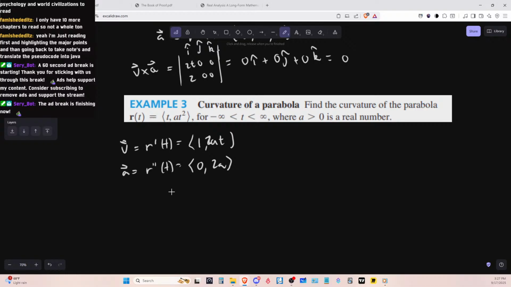Then we have to take the cross product of both of these. So then 1, 2AT. Well, then again, this is 2 vectors. So I don't think we need to do that.